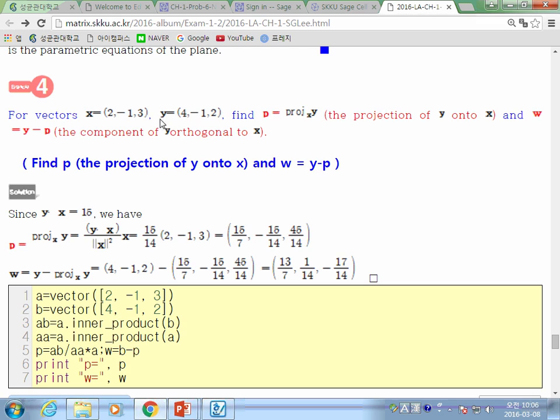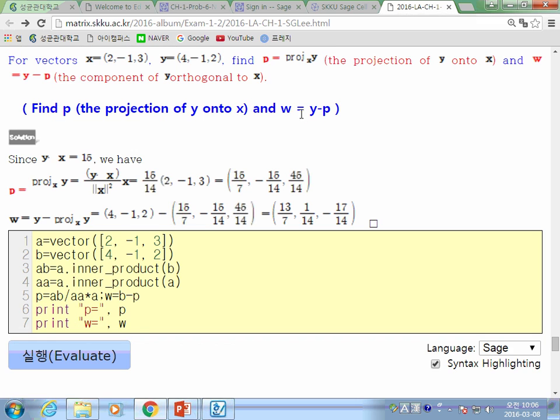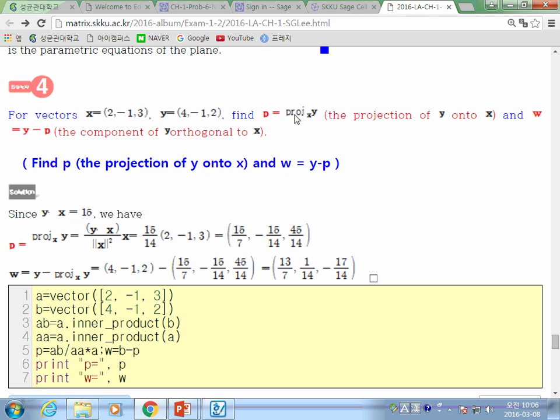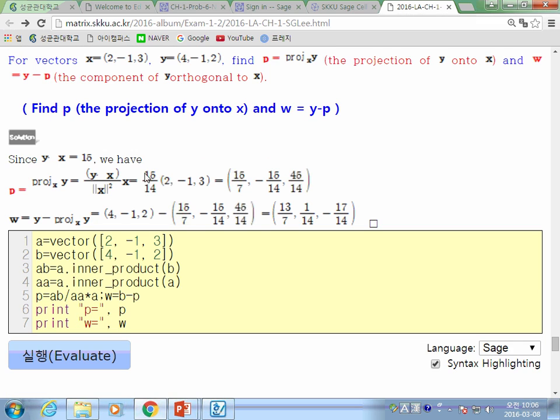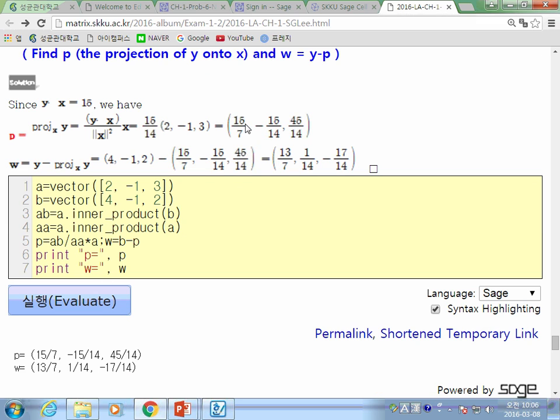Here, find the projection, the last part that we have learned today. Projection could be found in this way. Projection of y onto x is p, which is t times x, and t is 15 over 14, like what you did. As you see, the projection of y onto x is this.